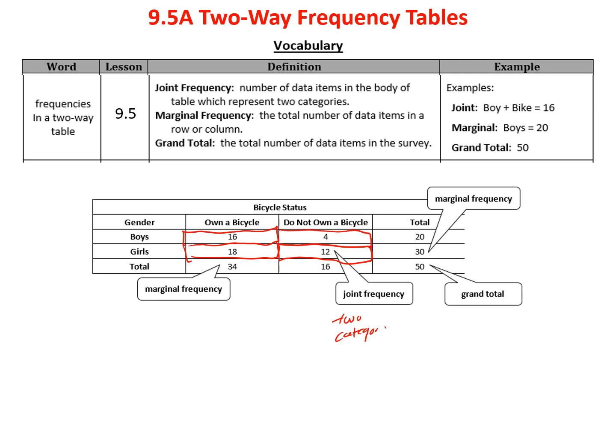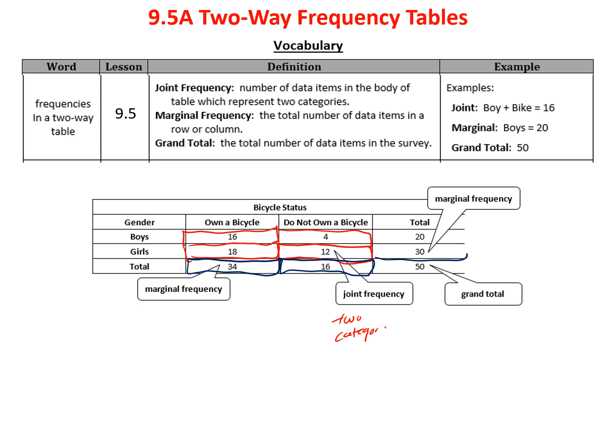These are joint frequencies. On the other hand, marginal frequencies are the total number of data in a row or a column. So in other words, this is a marginal frequency right here. The 34 people own a bicycle, irrespective of whether a boy or girl. 16 people do not own a bicycle. So that's the total of the row. It's in, you might say, the margin of the table.